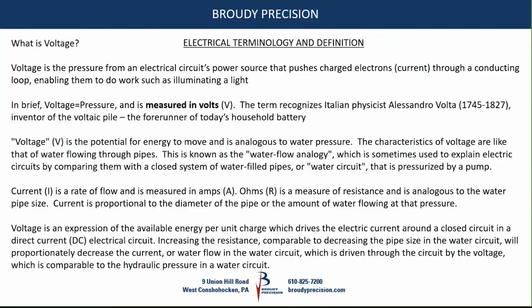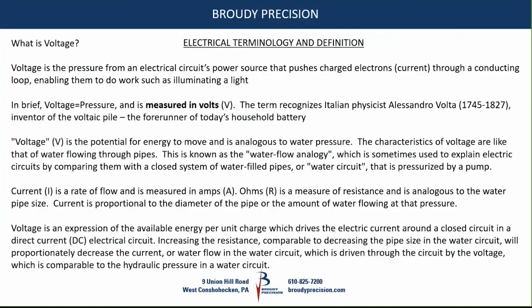And I put together a slide that shows the relationship of electricity to fluid dynamics, okay? The characteristics of voltage are like that of water flowing through pipes, right? It's sometimes used to explain electric circuits as a closed circuit of water-filled pipes that's pressurized by a pump, okay?